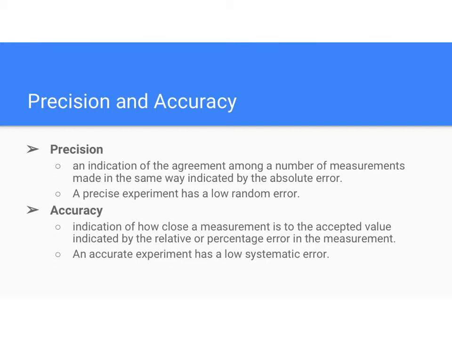And then accuracy is how close you are to what it actually should be. If it's something that we're comparing to an accepted value, how close is it to the accepted value? The greater your accuracy, the lower your percent error is going to be. And accuracy is impacted by that systematic error. Do you have something that is affecting your entire data set that's skewing all of your data by some factor?